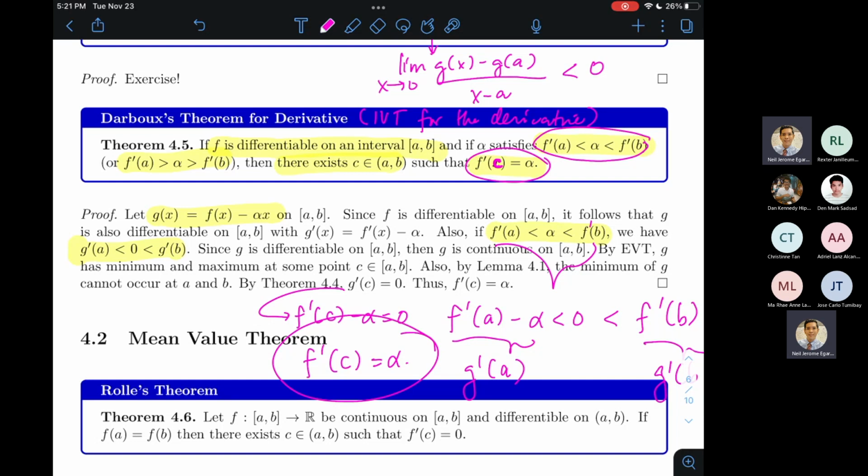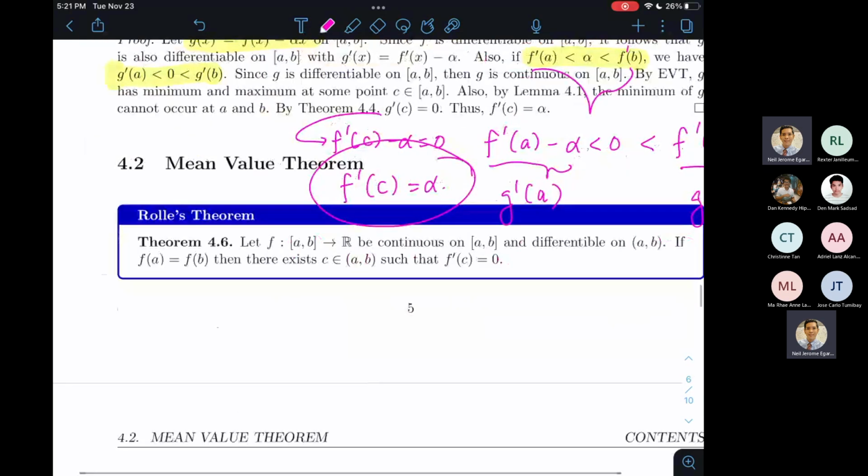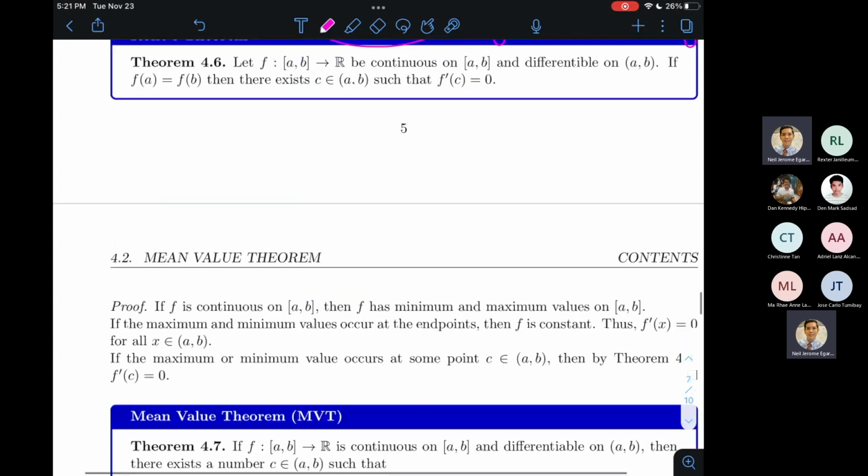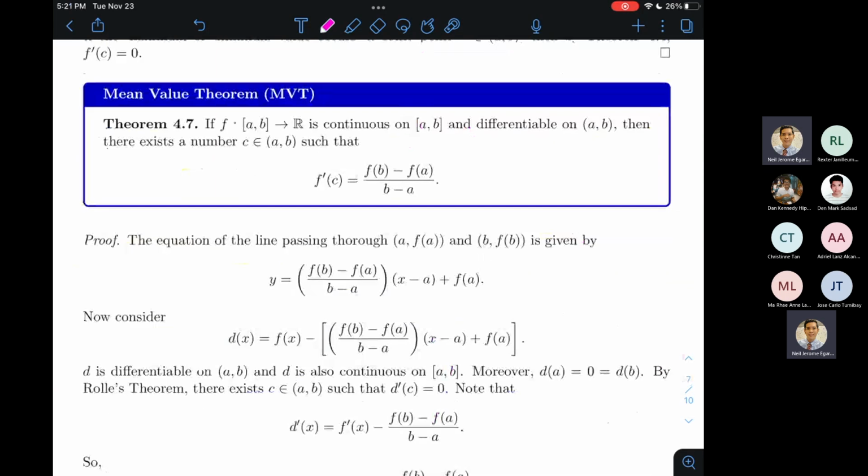Now I think I will stop here. Next meeting, I still think that we can finish the module. This will be just some results associated to the mean value theorem. We'll start with Rolle's theorem, which is basically a specific case of the mean value theorem. Then we'll use Rolle's theorem by a simple tweaking of the function involved in Rolle's theorem to prove the mean value theorem.